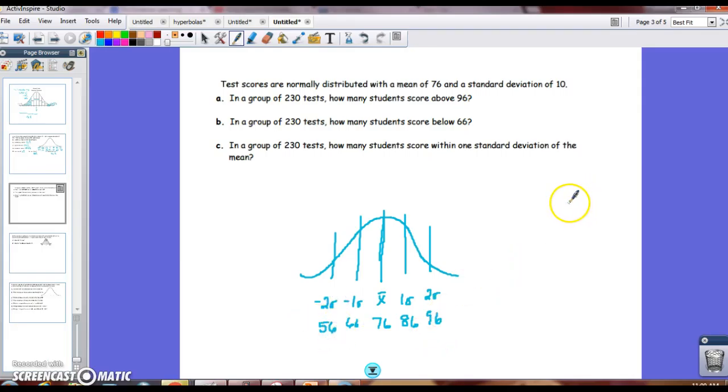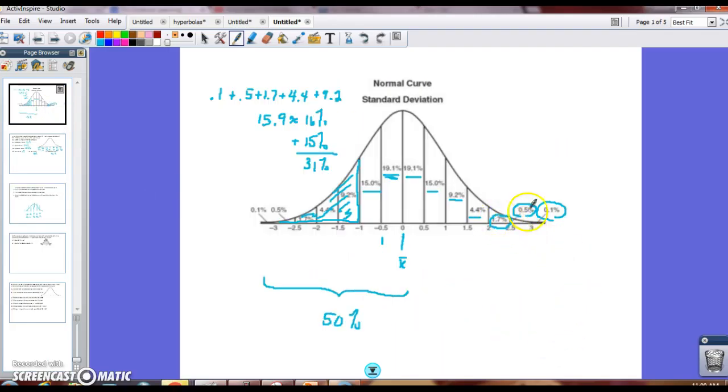Okay? In a group of 230 tests, how many students score above 96? Well, above 96, if you go back to your chart, that's at 2 standard deviations. So at 2 standard deviations is right here. I'm going to add up my percentages that are above that. That's 2.3%.